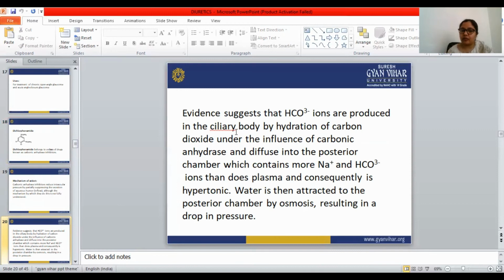By hydration of the carbon dioxide, under the influence of the carbonic anhydrase enzyme, and that diffuses into the posterior chamber, which contains more Na plus than plasma and consequently is hypertonic. Water is then attracted to the posterior chamber by osmosis, and that results in the drop in the pressure.